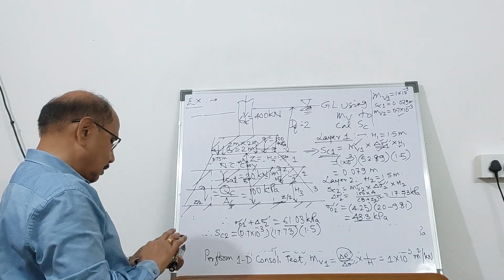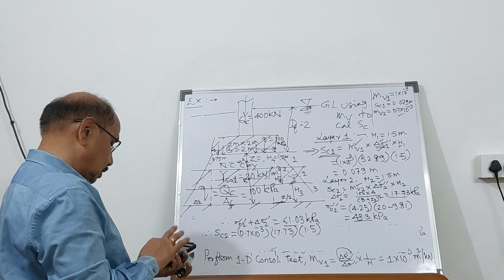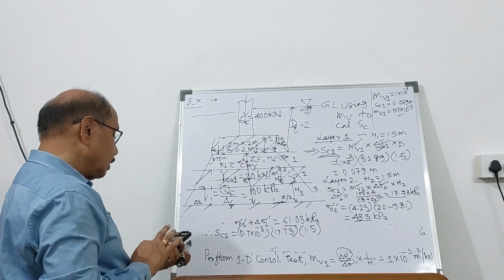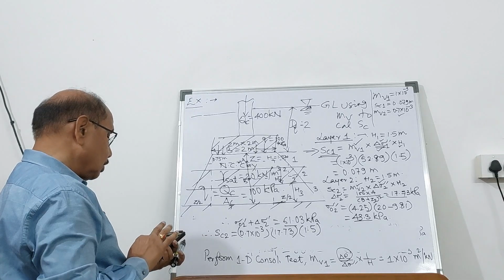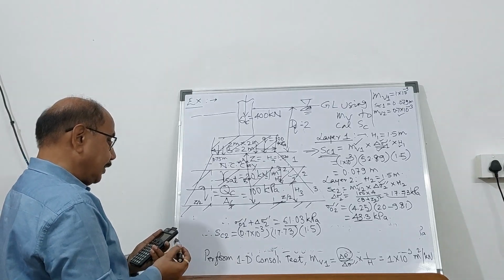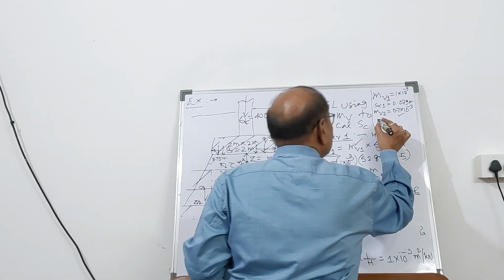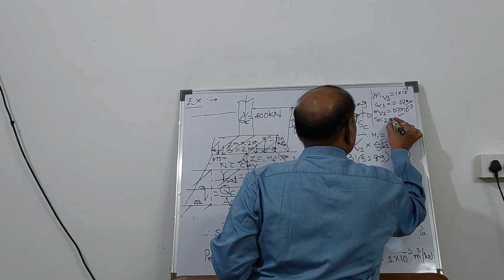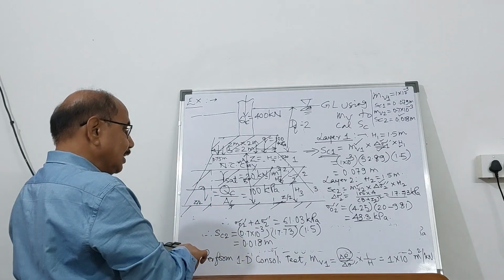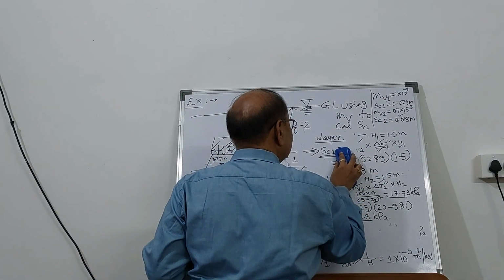So if you calculate this, 70.3 into 0.7 into 10 raised to minus 3 equal to 0.018. So SC2 equal to 0.018 meter, right?